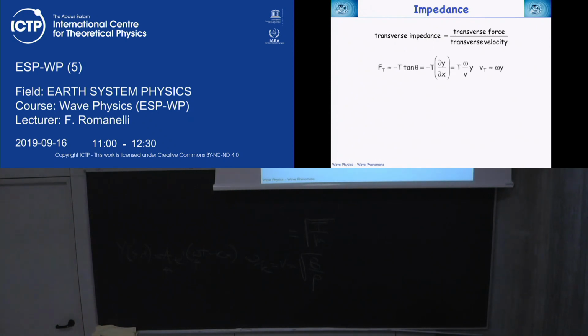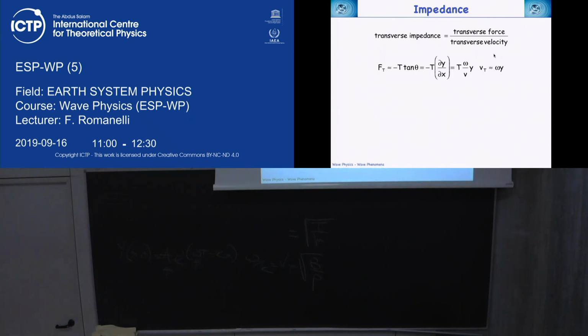Now we go back to the string, and we remember that the acting force is related to this. But the tangent, if the angle is small, can be written in terms of the derivative. If you compute the derivative using a general expression like this, you're going to put down here a k. A k is omega over v for any wave.